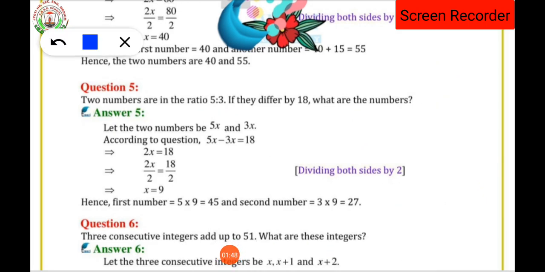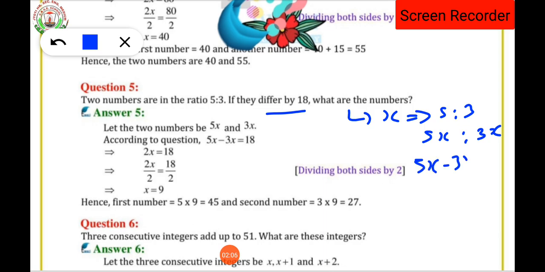First of all, let the number be x, then the ratio 5:3 will be changed to 5x:3x, isn't it? Since in the question it is said that they differ by 18, it will be 5x minus 3x is equal to 18. Clear?